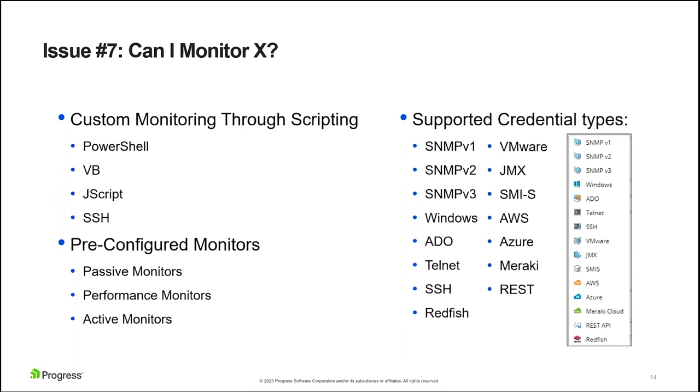Now, we do have pre-canned monitoring solutions. Most of those surround CPU, memory, interface, disk, up and down status, but you will have some products that don't always follow industry standards, or maybe there's a counter that you're specifically interested in.